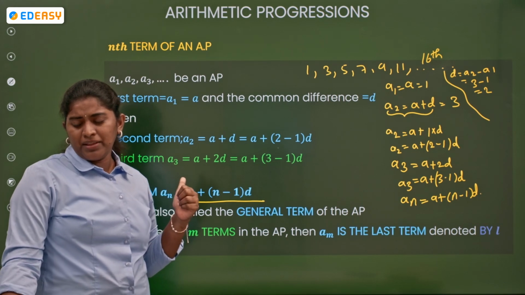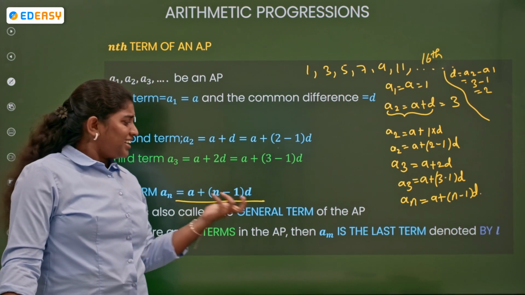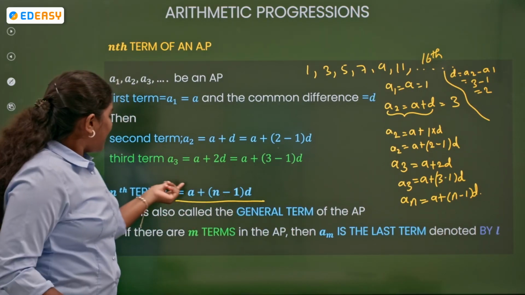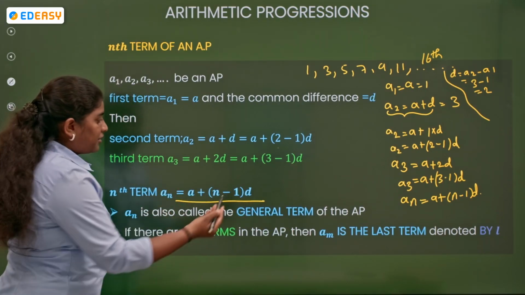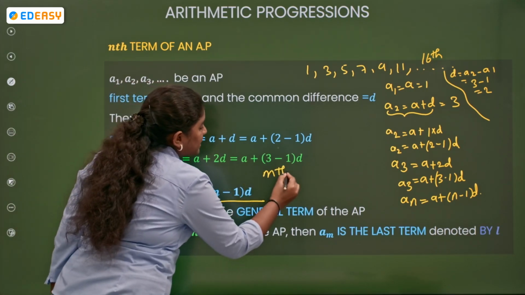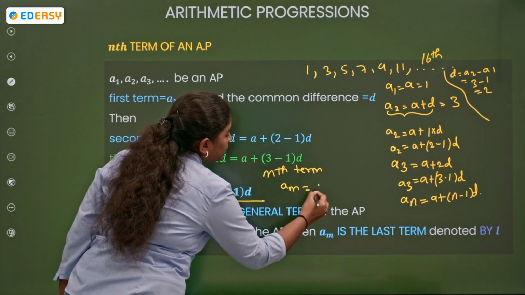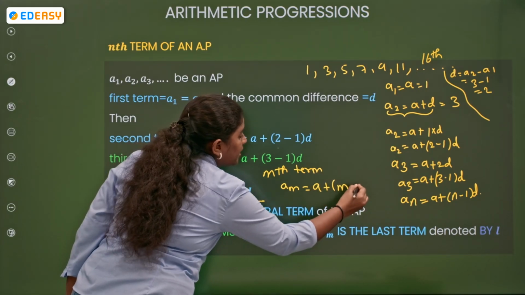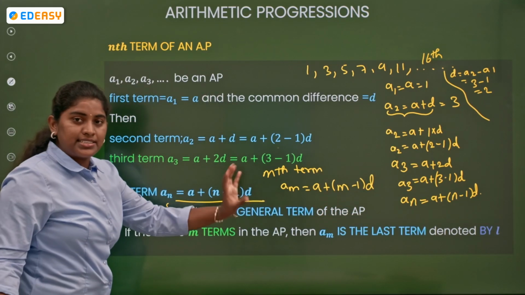So what will be the formula for am if m is the last term? See, the same here, I am taking an as my nth term. For m, mth term means it will become your am, which is a plus of m minus 1 into d. Just replace your n with m. That's it.